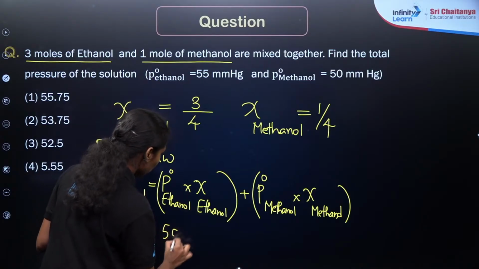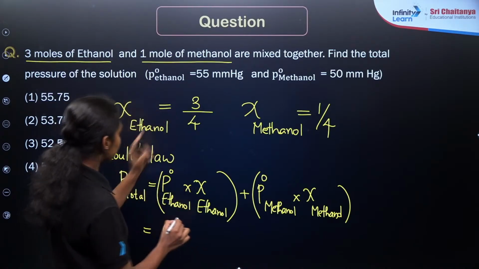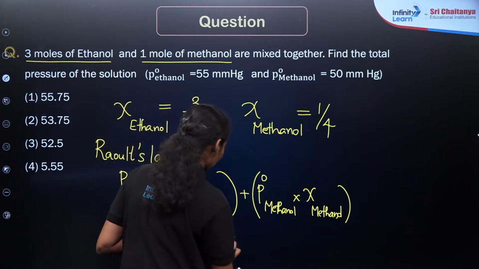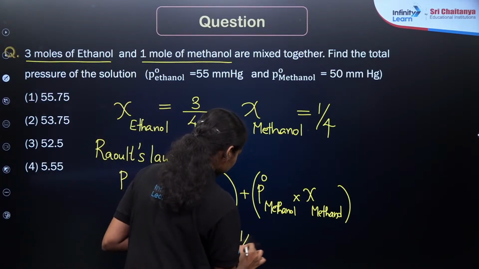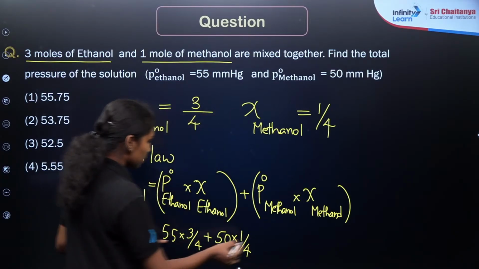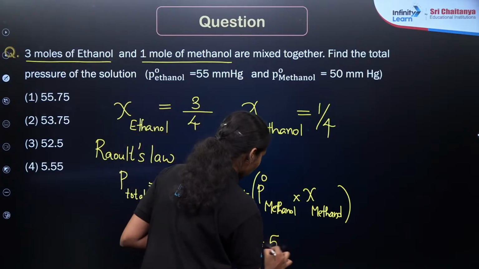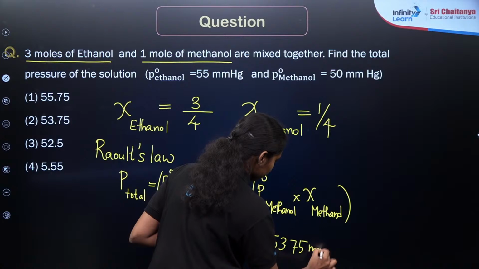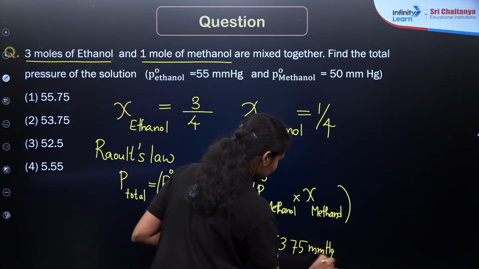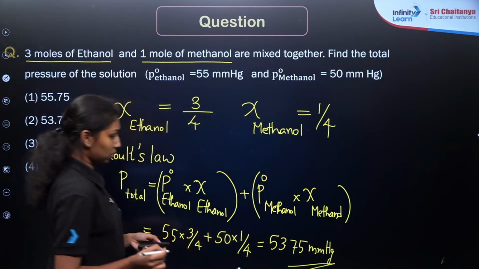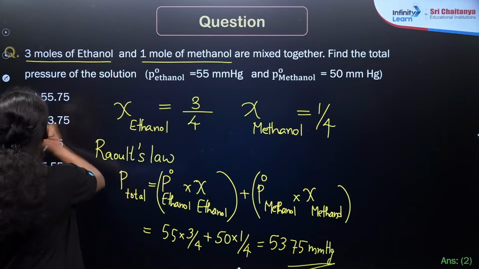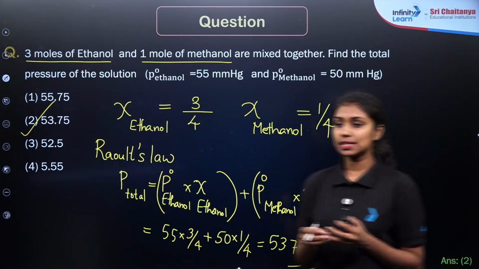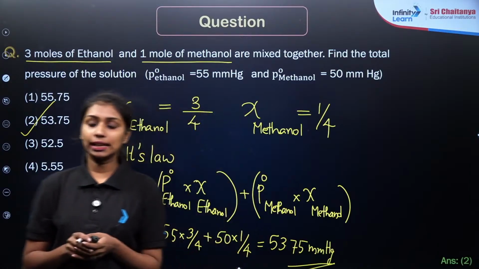So 55 into the mole fraction 3 by 4, plus 50 into 1 by 4. While solving this, you will get an answer of around 53.75. Clear? Which means option B will be the correct answer. Option 2 will be the correct answer. Is that clear now, Dharanjit?